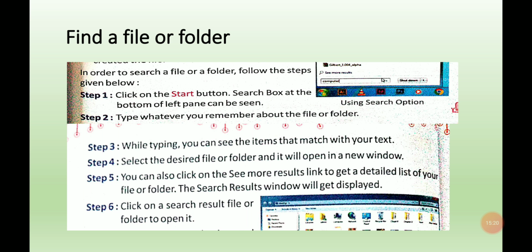The files and folders matching the text we are writing will all be displayed. Step 4, select the desired file or folder and it will open in a new window. Step 5, we can also click on the see more results link to get a detailed list of our file or folder. The search result window will get displayed. The last step, click on the search result file or folder to open it.